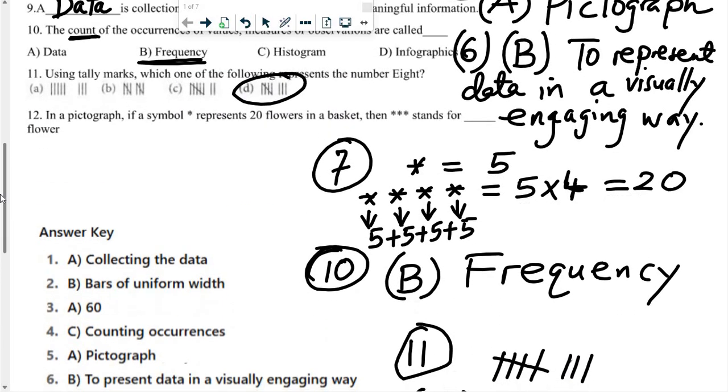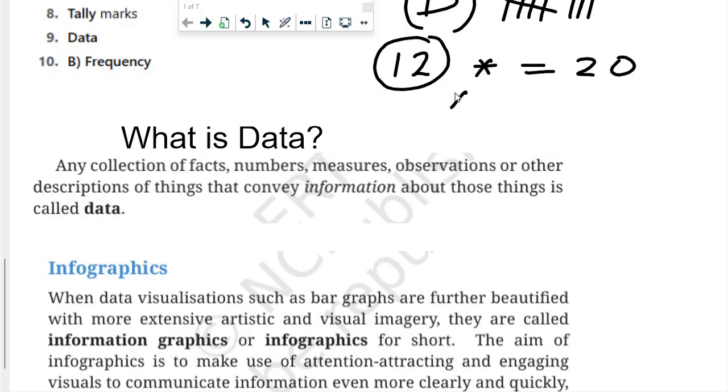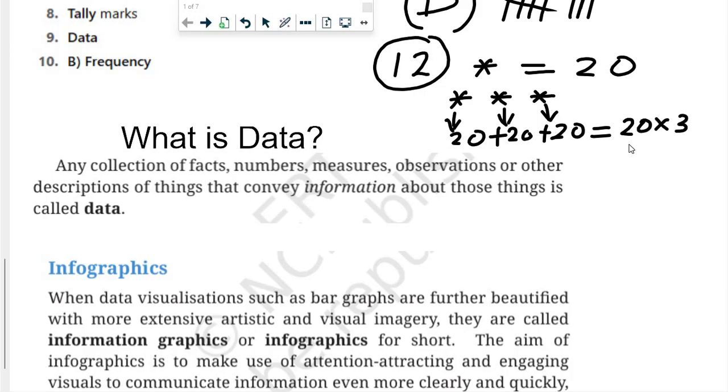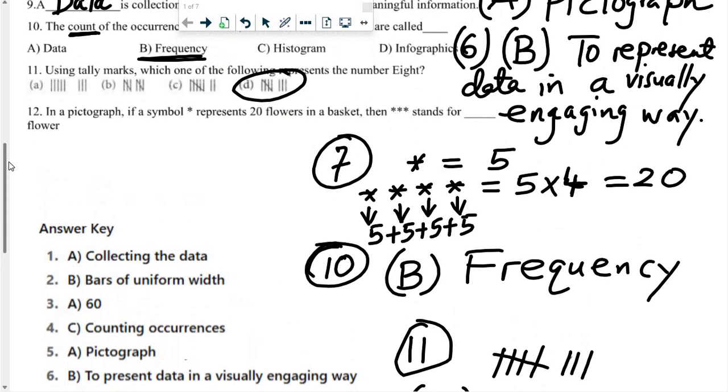Now, 3 of these symbols: this will mean 20, this will mean 20, this will mean 20. When you add this, you get 20 into 3, that is 60. So for question number 12, we write here 60 flowers.